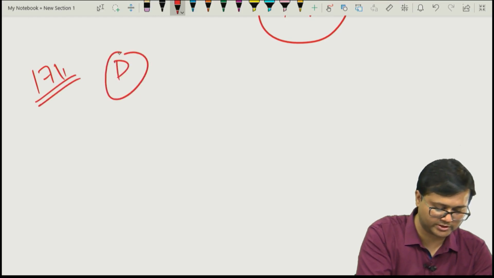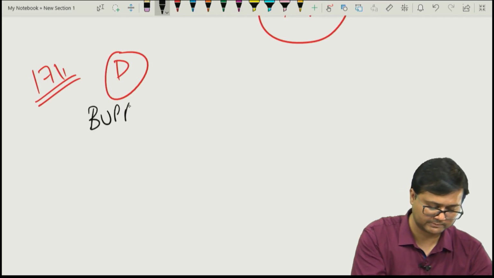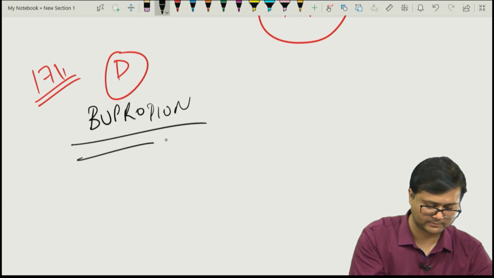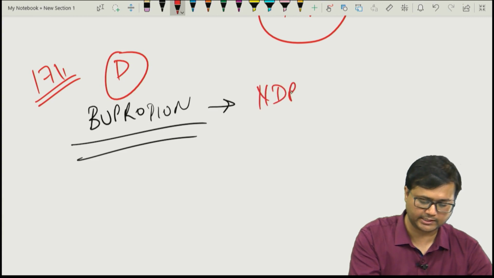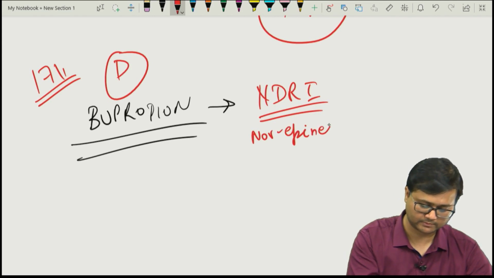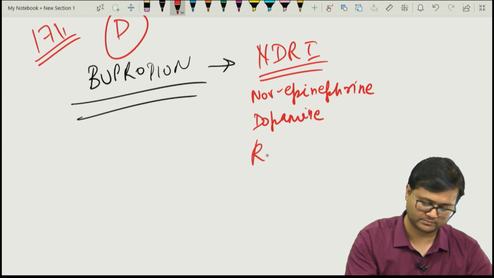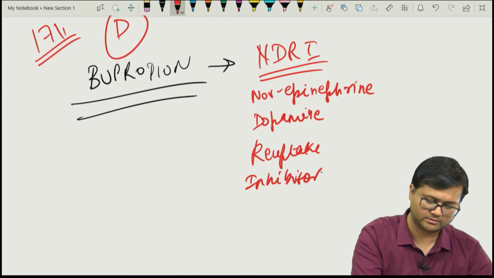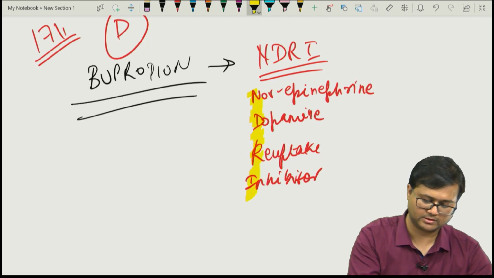So the correct answer is option D, that is bulimia. Now before that, let us discuss a few things about Bupropion. Bupropion is an antidepressant which belongs to the NDRI category, that is, it is a norepinephrine dopamine reuptake inhibitor.